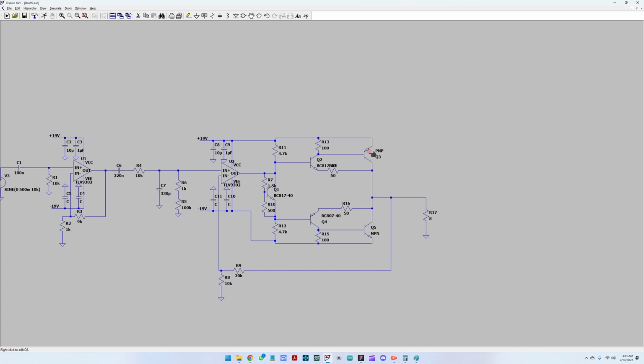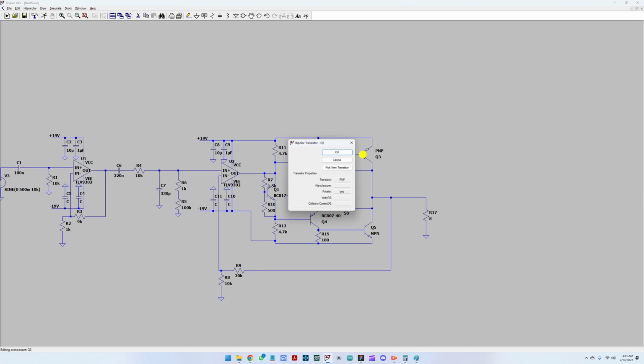Okay, and for the final stage, I have no preference for transistors, so we can pick and choose whatever we want. It doesn't actually matter. Let me just reorganize this so that it doesn't overlap here.